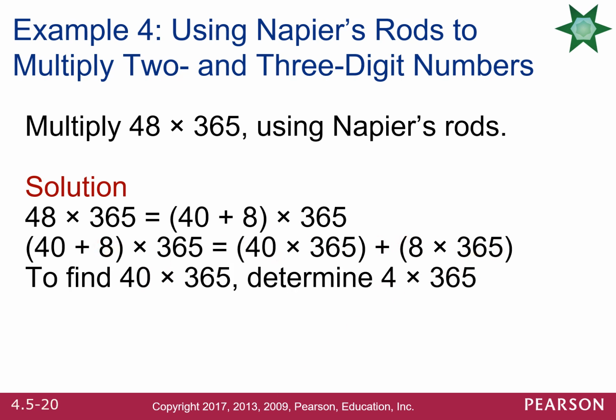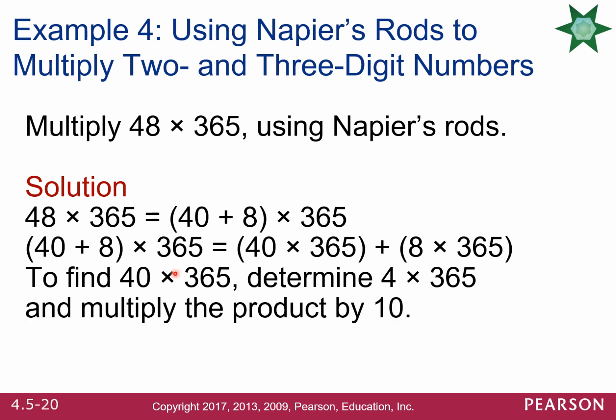Now what happens next? To find 40 times 365, we just determine 4 times 365, and then we multiply the result by 10. Whatever that product comes out to be will get multiplied by 10 to get back our 40 times 365.